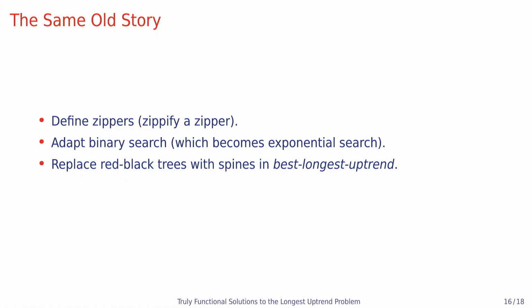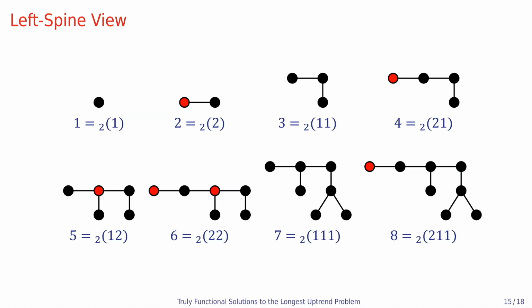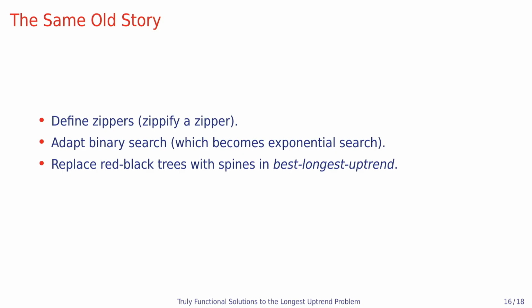We have to define zippers on the left spine view, and interestingly, the left spine view is already itself a zipper. It's actually the zipper of the leftmost leaf. So if we define zippers for the left spine view, we have zippers of a zipper of a zipper.